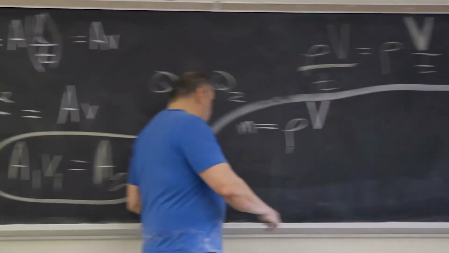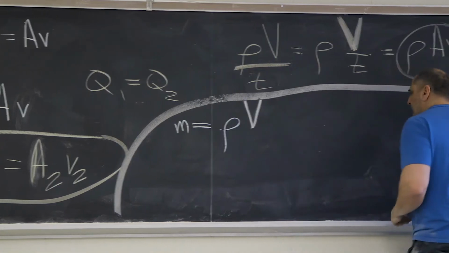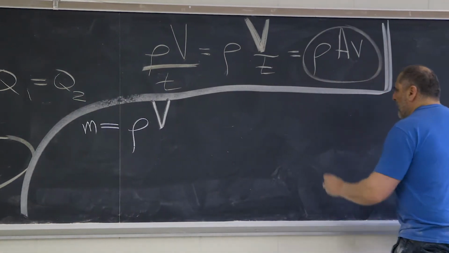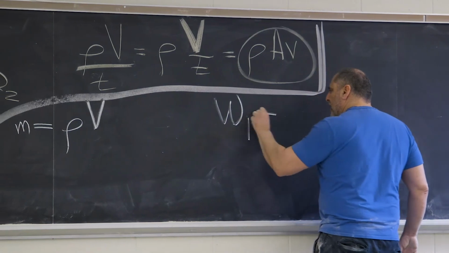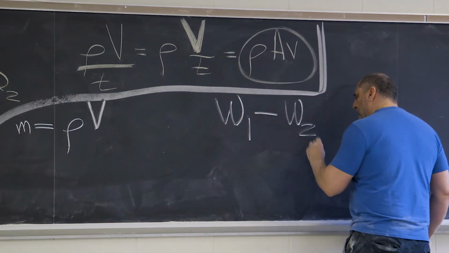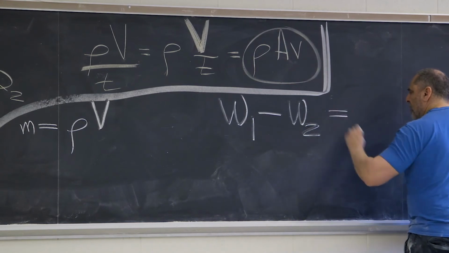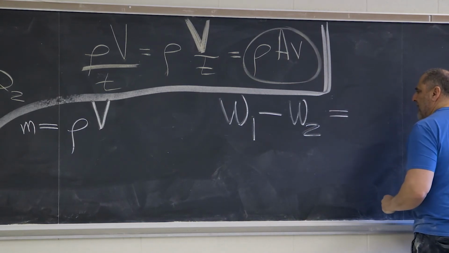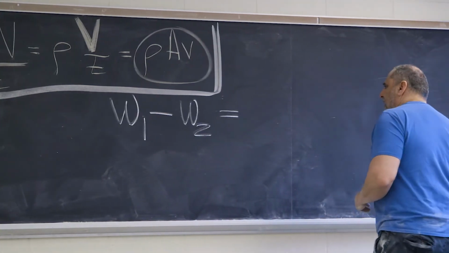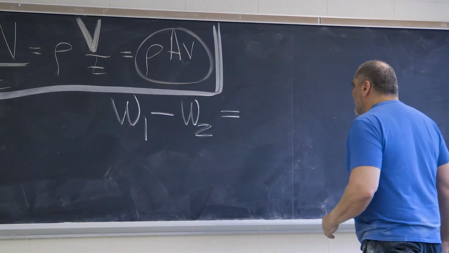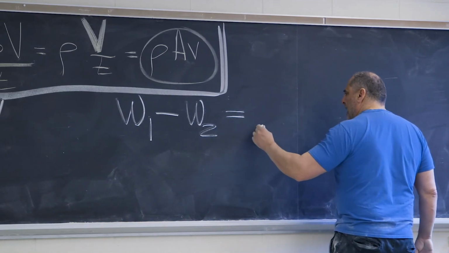The difference between the two is what's going to transpire. Work one is a lot of work, work two is not a lot of work, but it's something. The difference between the two is going to give you the difference in kinetic energy in two locations.